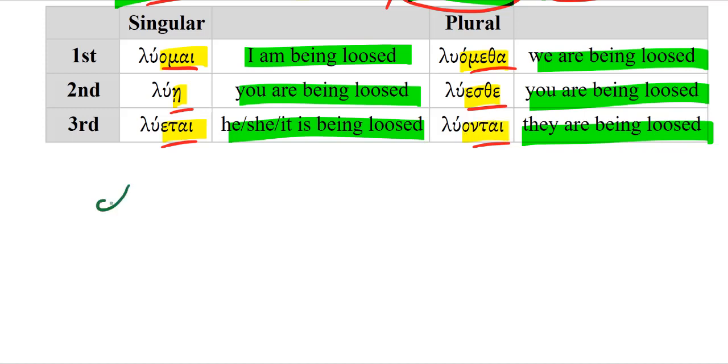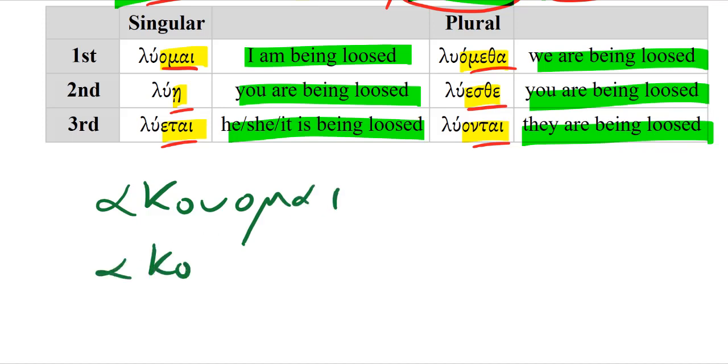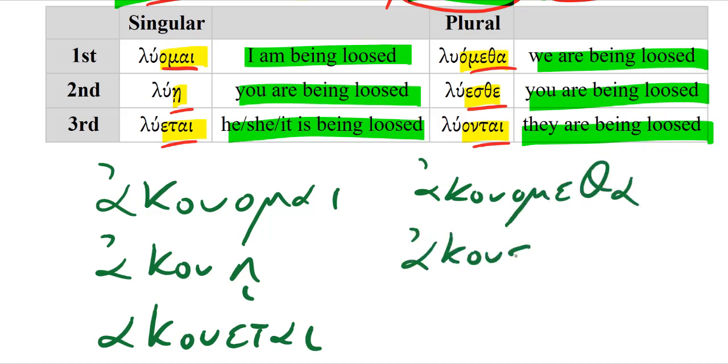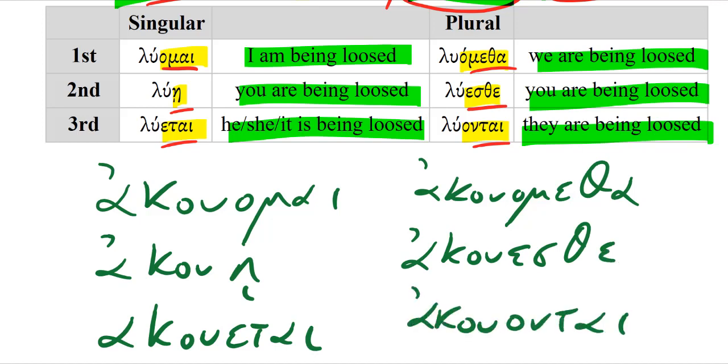So for example, for akuo, we would have akuomai, akuE, akuetai, akuomatha, akuesthe, and akuontai. Notice we just slapped these endings on: omai, e, etai, ometha, esthe, ontai.